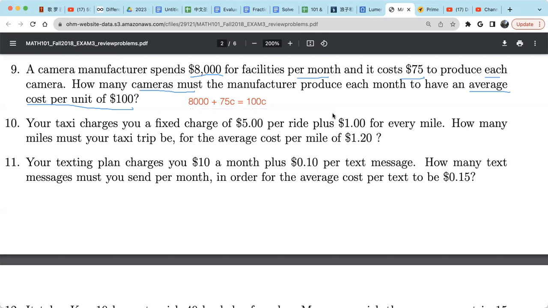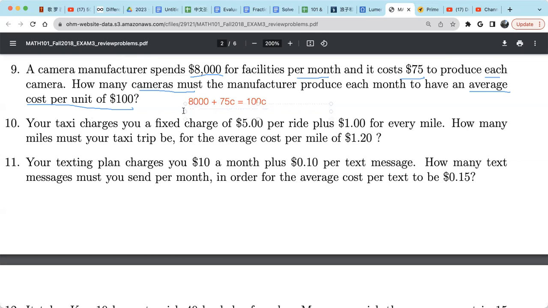Okay, so that's the equation we need to make. Average cost means the overhead is being averaged to every camera. So the $100 with every cost.